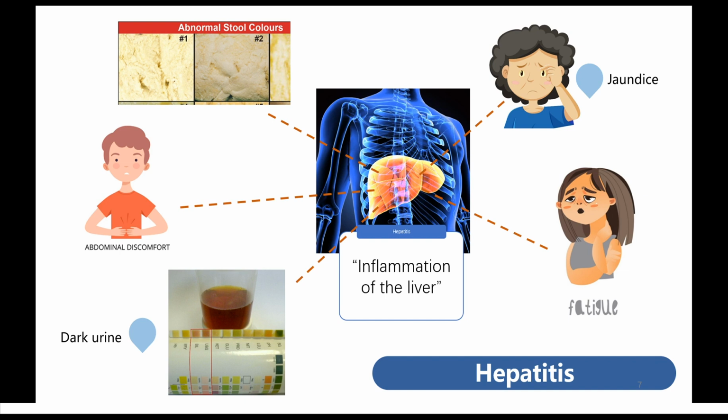But if there is cholestasis, there will be slow flow of bile going to the small intestine. So there will be little amount of bilirubin that will reach the small intestine. So little amount of bilirubin equals little amount of urobilinogen. Little amount of urobilinogen equals little amount of stercobilinogen. Little amount of stercobilin. Therefore, pale ang color ng stool.